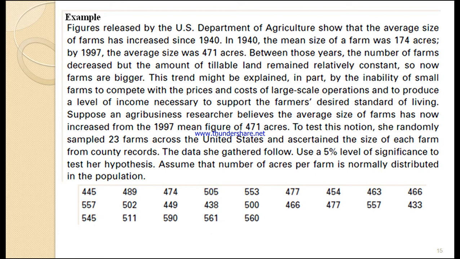The data she gathered is presented as follows, and let us use a 5% level of significance to test her hypothesis. Let us assume that the number of acres per farm is normally distributed in the population. This is a sample data.